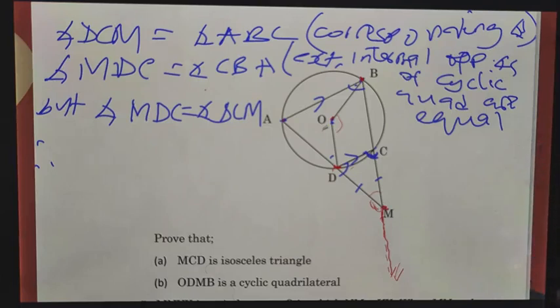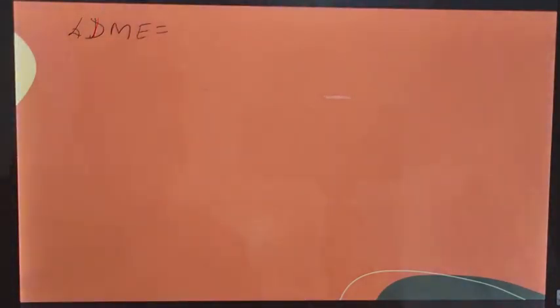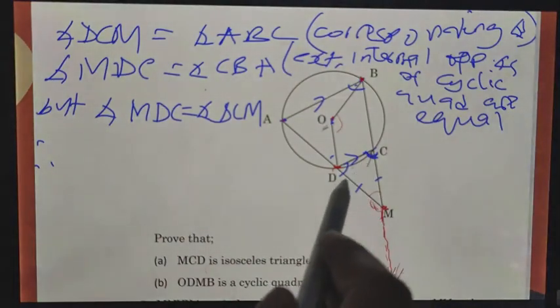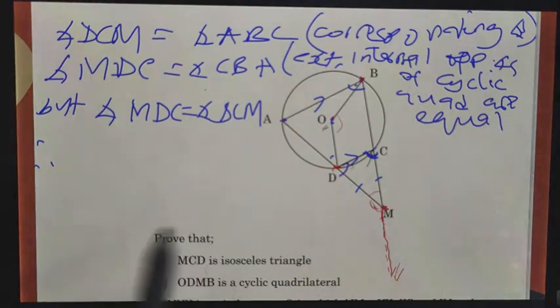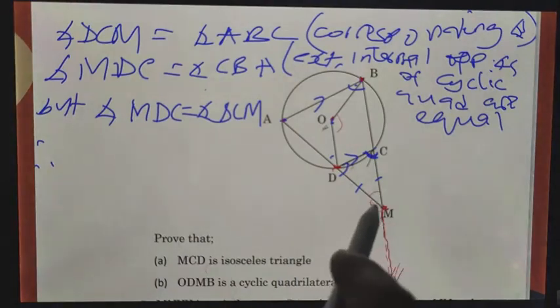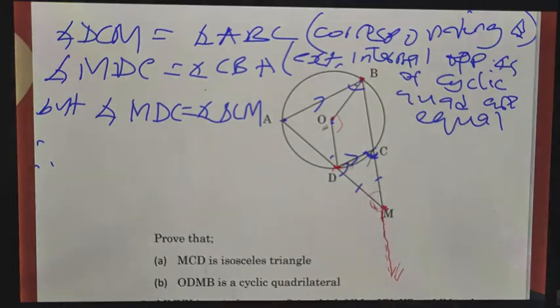Now let's consider DME. Let's change the color. Angle DME should be equal to this angle and that angle, because of the same reason, the external angle property of a basic triangle.